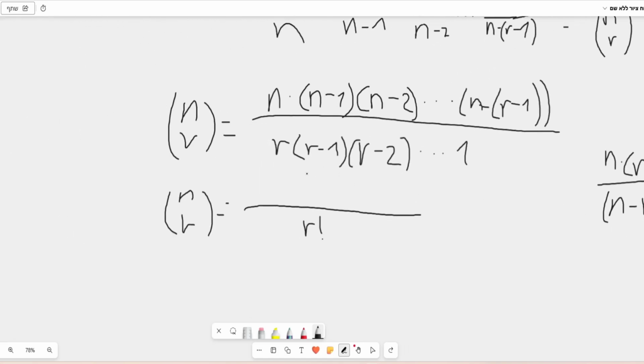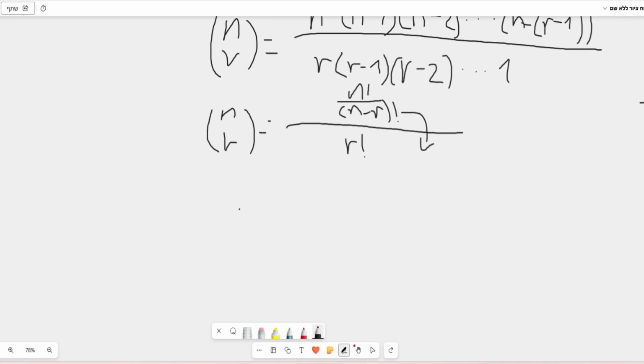At the top we'll have n factorial over n minus r factorial, and of course we can just move this to the bottom and we will get that n choose r equals n factorial over n minus r factorial times r factorial.